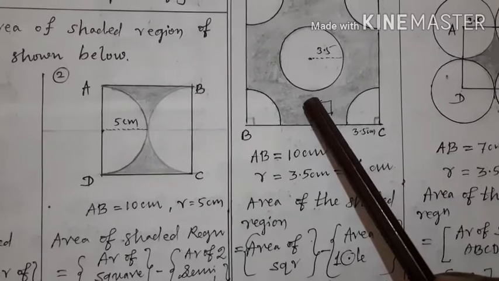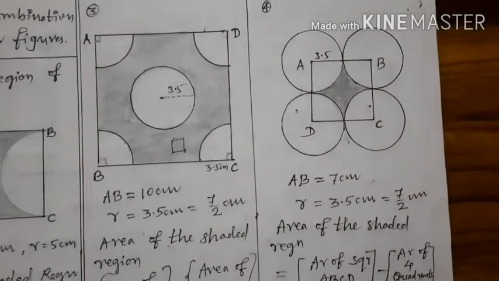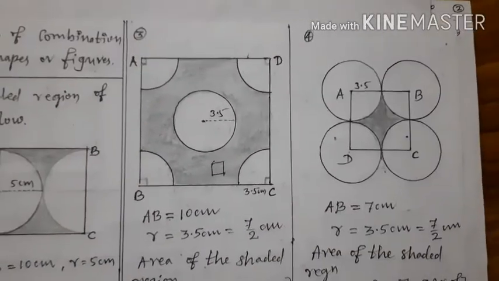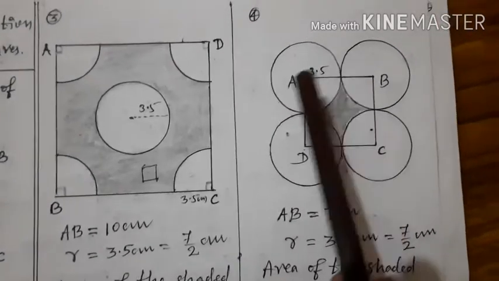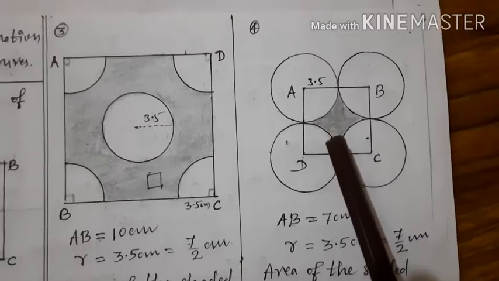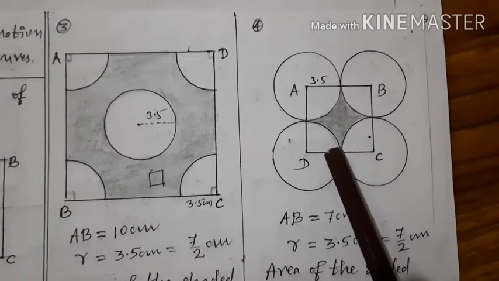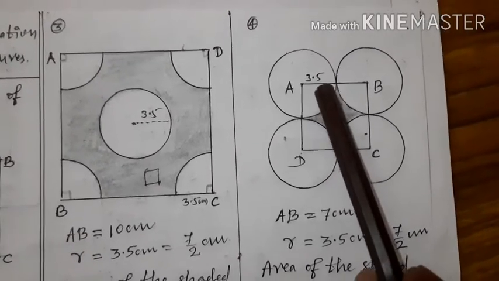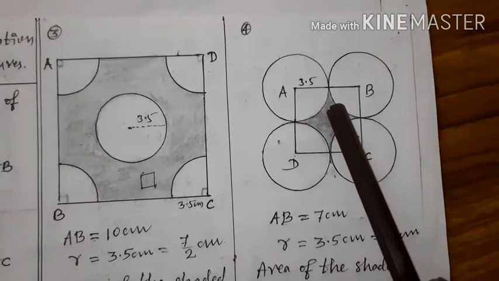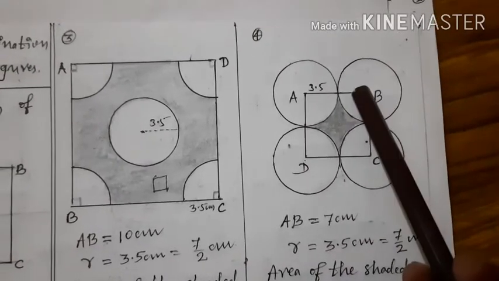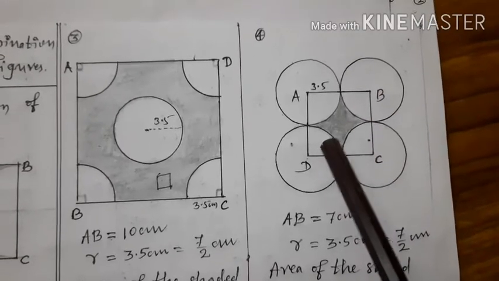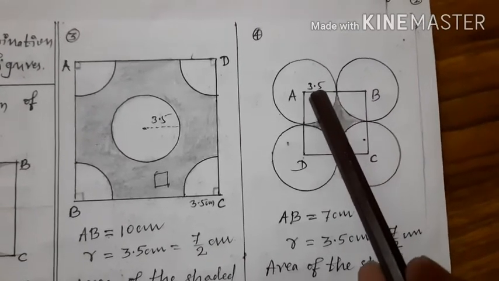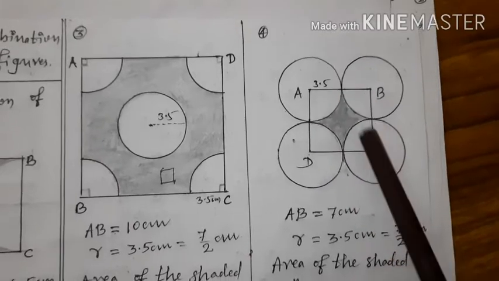Okay, let us go to the next question. See here, children, this is also a combination of different plane shapes. Here one square and 4 circles, and at each vertex of the square we see a quadrant of the circle.